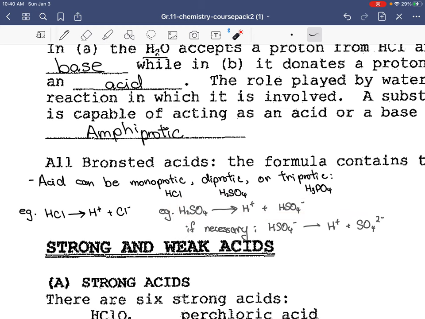What this means is that this reaction doesn't only go forward, but it has the ability to go backwards. If necessary, right? It's all dependent on something known as the K value. And we will see that later on. Okay? Anyway, that's it, I guess, for today.